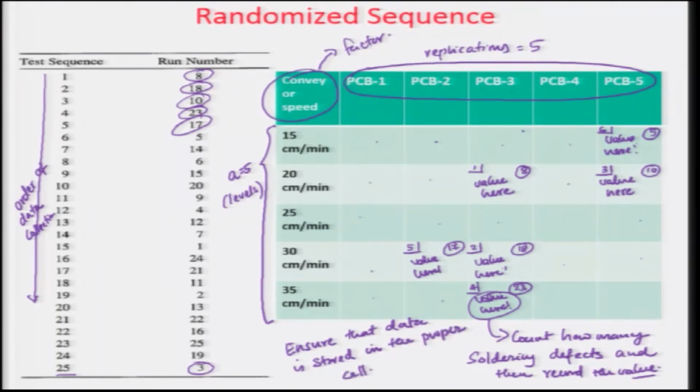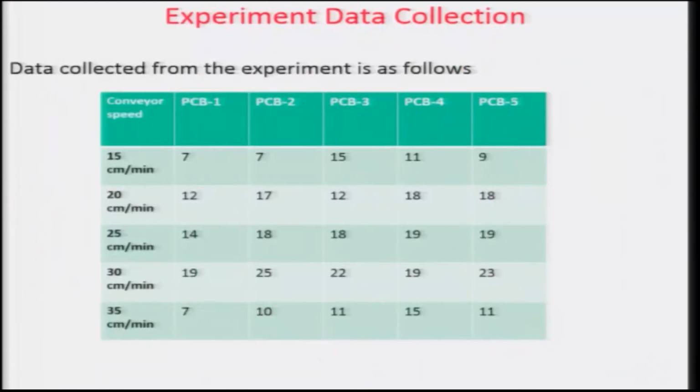Don't write it wrongly; one way or another, store the value in the right place, wherever the right location is. Once this is done, this entire order is what we call the randomized sequence of the experimentation. All right. Now that we have seen what it is, let us move towards the experimental data collection.